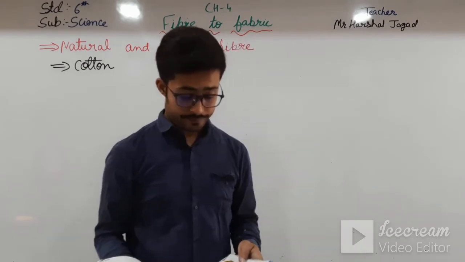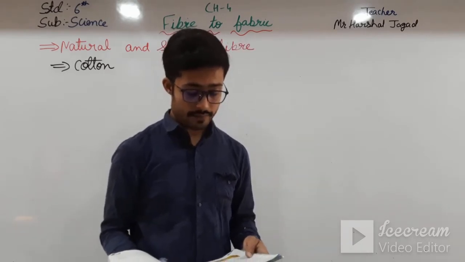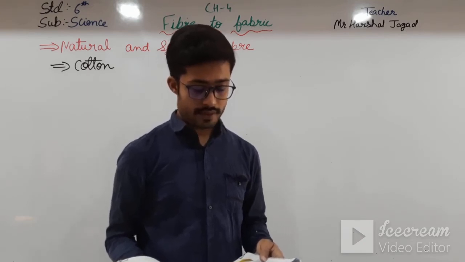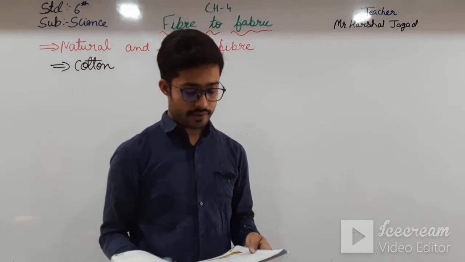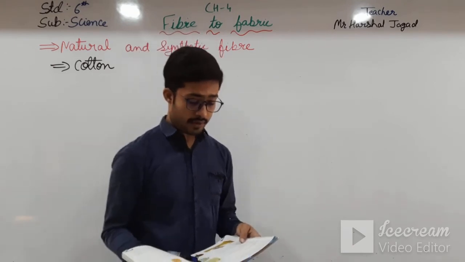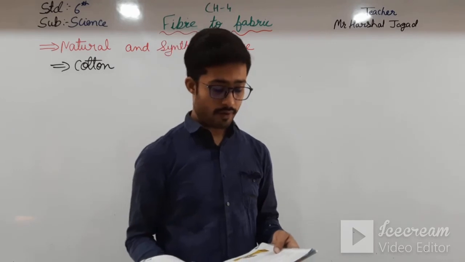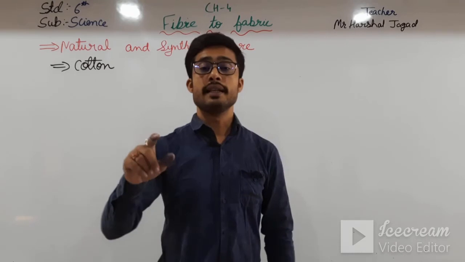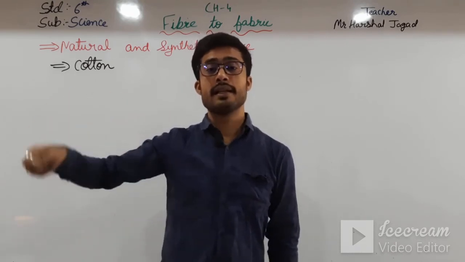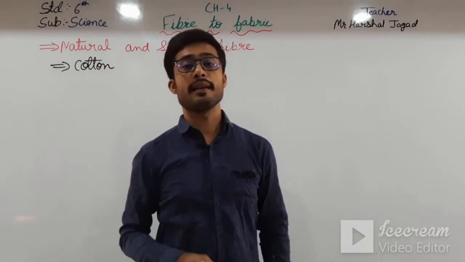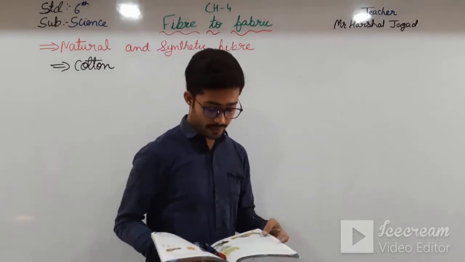A coarse hand woven cloth is made from cotton spun on a charkha. Cotton is used to make shirts, t-shirts, towels, inner garments, bandages and coffee filters. See here, a coarse hand woven cloth is made from cotton spun on a charkha. We have seen Gandhiji's photo. He moves the charkha and prepares khadi, which means a cotton cloth.